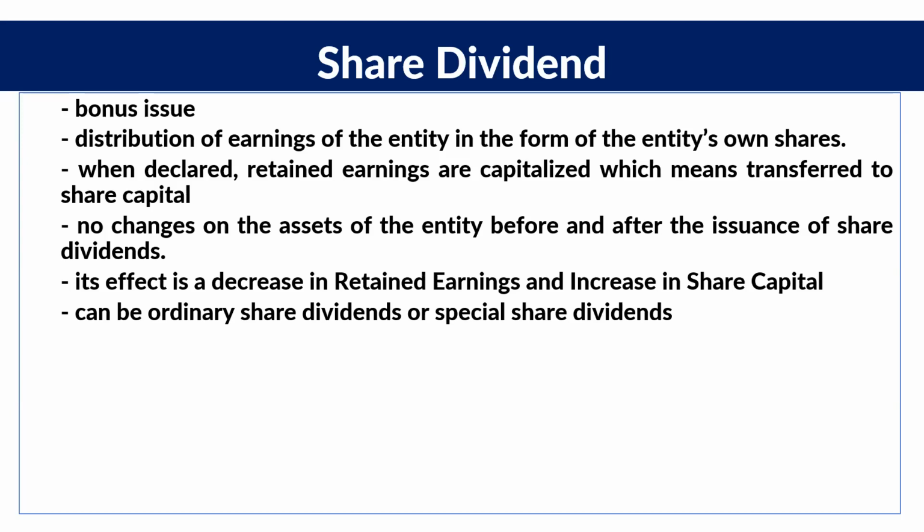Kunyari, ordinary shareholder siya, pero yung matatanggap niya ay preference shares as dividend. Or preference shareholder siya, pero yung matatanggap niya ay ordinary shares. So, iba yung type or class of share yung matatanggap niya as compared to the shares na pag-aari niya sa corporation na yun.